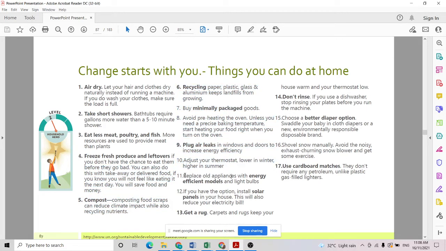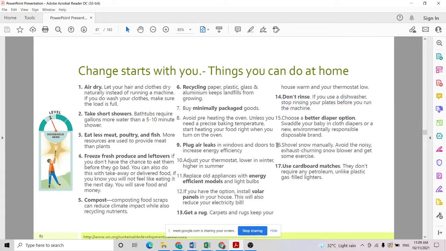Replace all appliances with energy efficient models. Install solar panels if you have a good package. Get a rug or carpet that keeps your house warm. Don't rinse too much, don't use too much water. And then choose a better diaper option, recycle diapers.